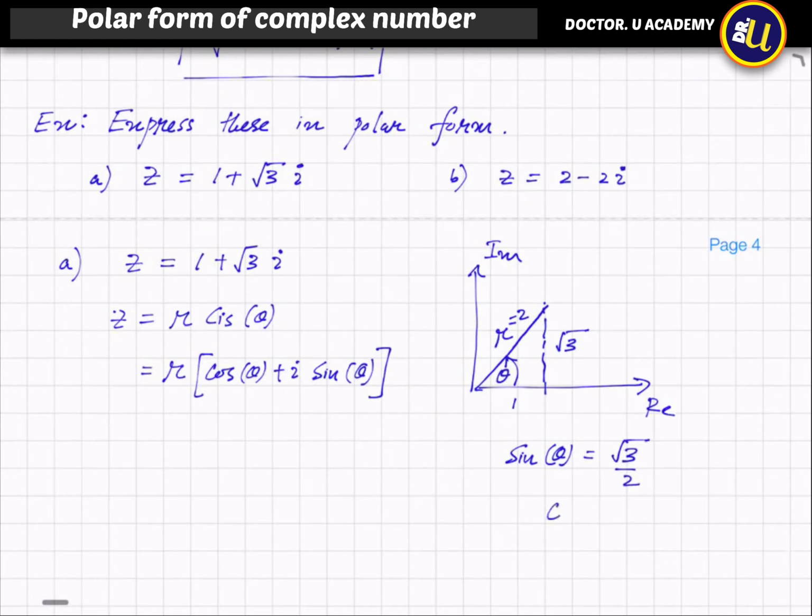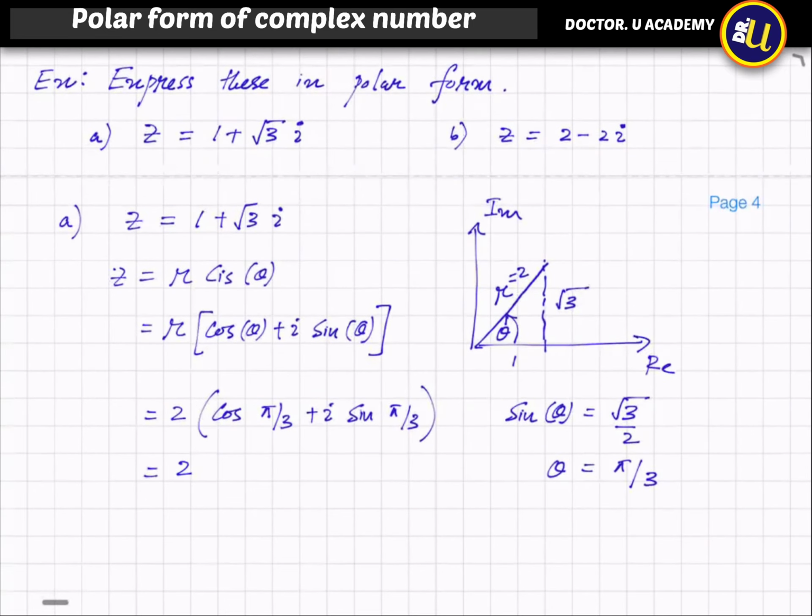So then theta would be 60 degrees, which is pi divided by 3. Sin 60 is square root 3 divided by 2, and cos 60 would be half, makes sense. So theta would be pi divided by 3, r would be 2, so it would be 2 times cos pi/3 plus i sin pi/3. Then you can write this as 2 cis pi/3. That's the answer.